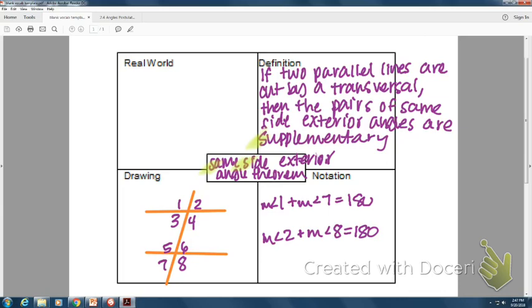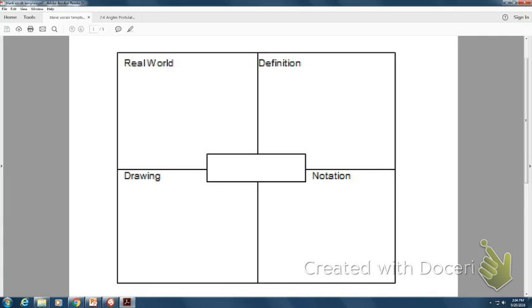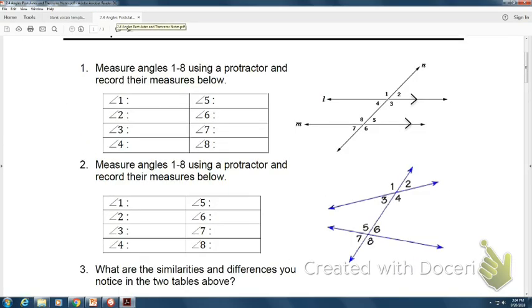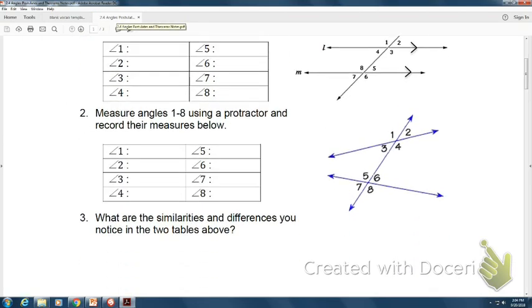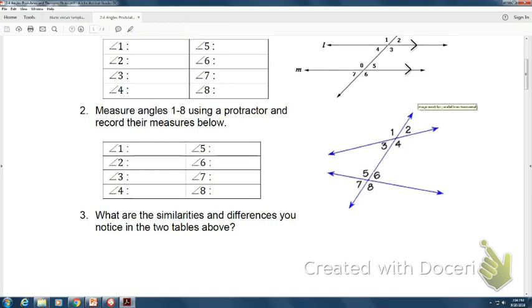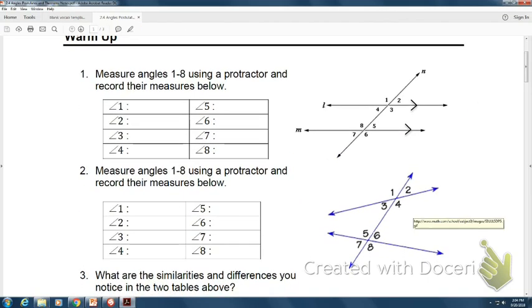On to the notes. You need a protractor. Okay, with your groups, I'm going to give you 10 minutes to do this warm-up because you have to measure all of those angles. Chances are your protractor is too big to measure these angles when they're this small.